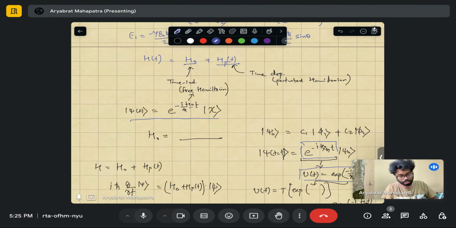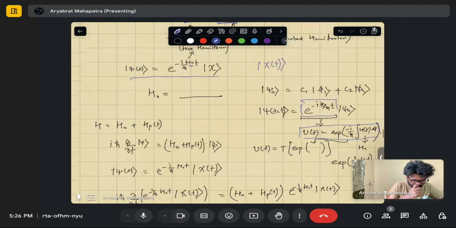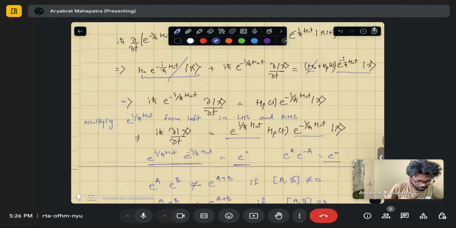Like why we are having H0 and why it is not the full Hamiltonian, because the Hp part is already captured in the state chi. The chi of t, the Hp part is already captured in the chi.